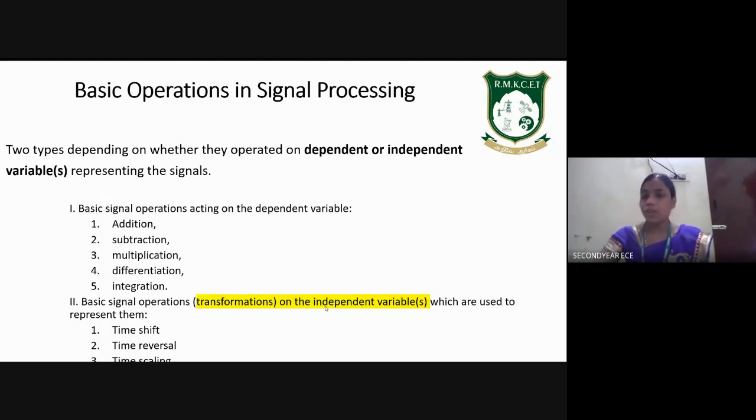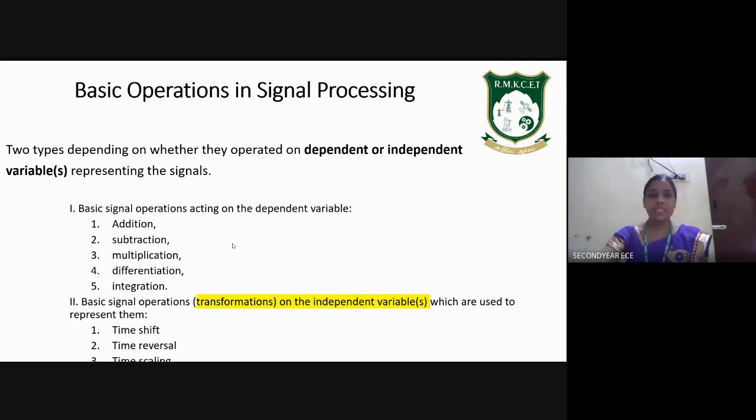For video, it may be different. But here, throughout our subject, we will see one-dimensional signals which consist of an independent variable as discrete time, represented by n, and the dependent variable, the signal, as x of n.